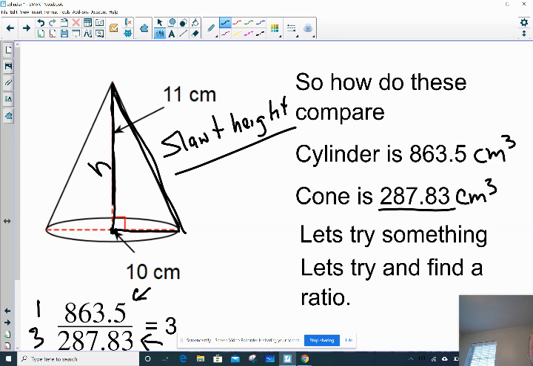We actually don't use the slant height, we use the radius. So 11 times 3.14 times 5 squared gives me 287.83.